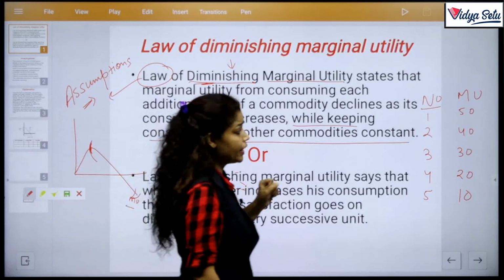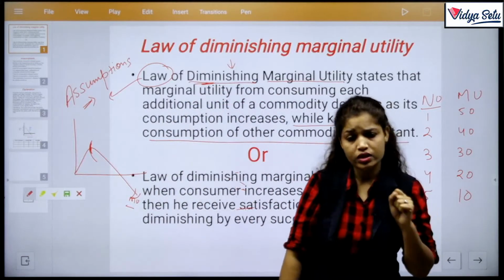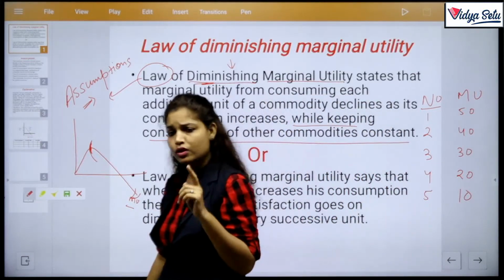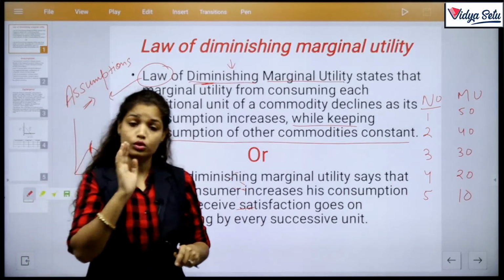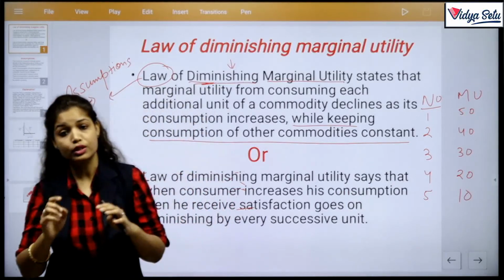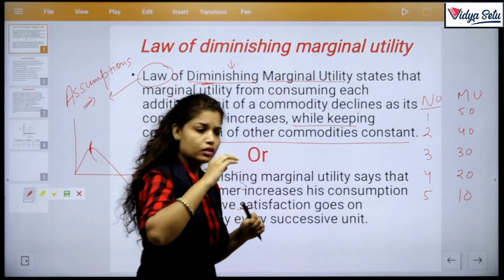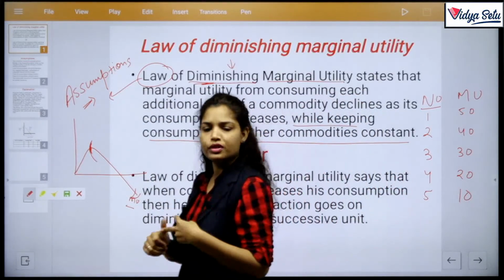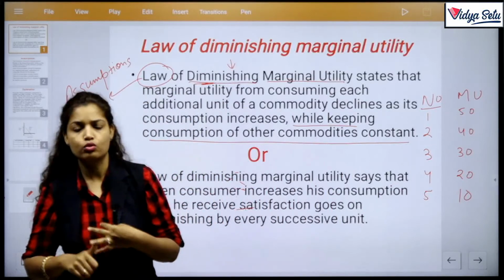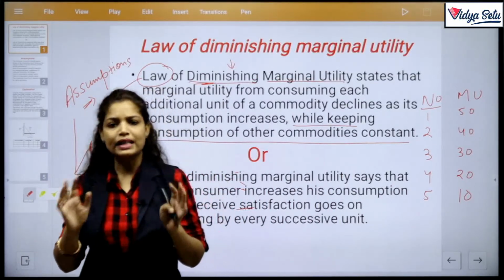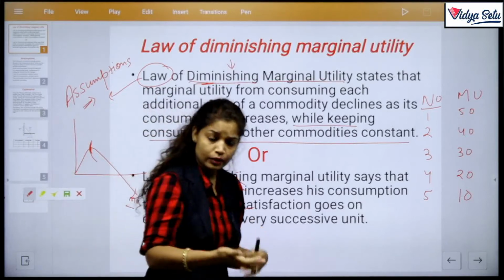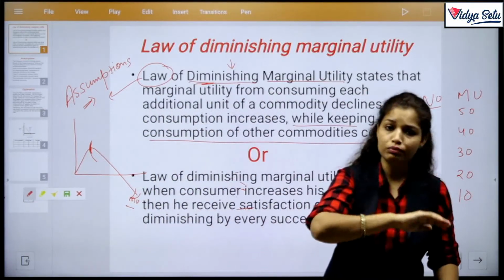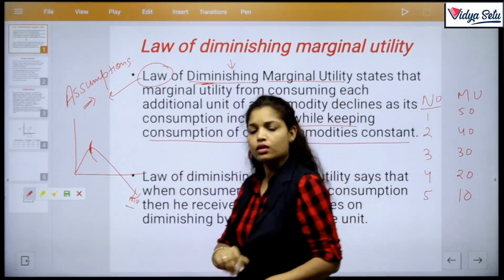What is the logic behind this? When you receive your first cycle, the first cycle gives you the best level of satisfaction. In the same way, the first mobile, first pen, first school gives you the best satisfaction, but the second one gives you lesser satisfaction than the first. Why?